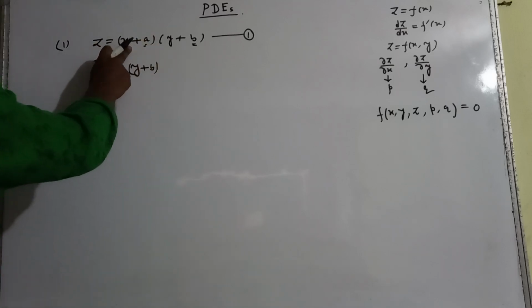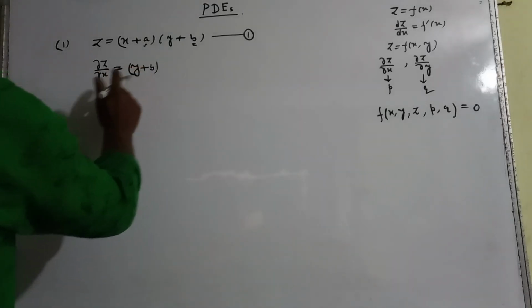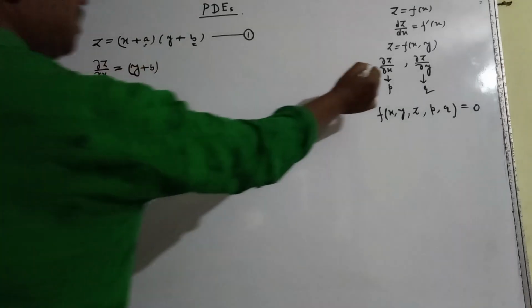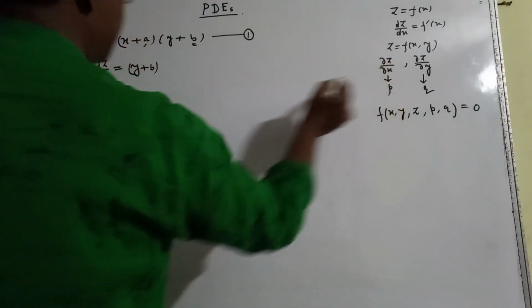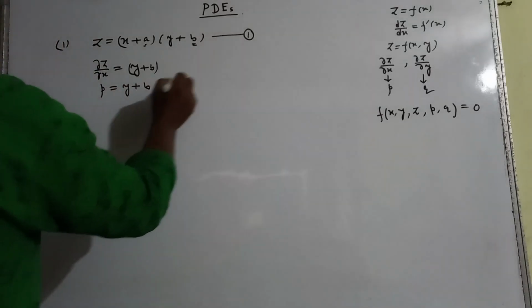The derivative of x is 1 and the derivative of a is 0, since a is constant. So del z by del x equals y plus b. We denote del z by del x by small p. So p equals y plus b.